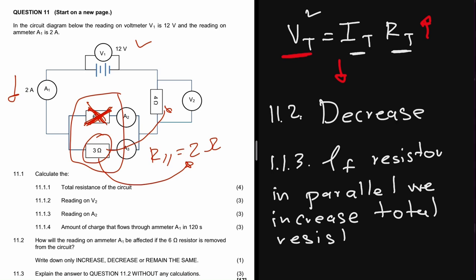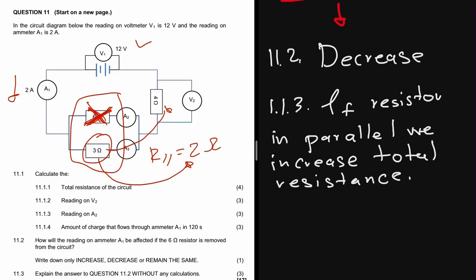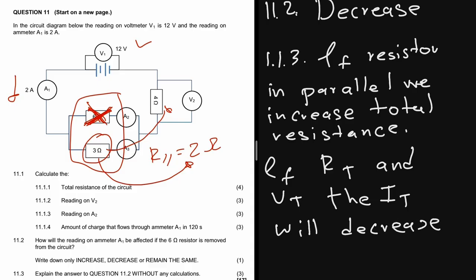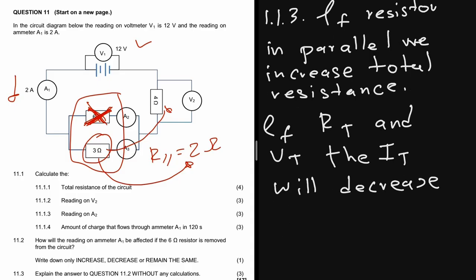So now, if we increase the total resistance and the total voltage is kept constant, the total current will decrease, so that Ohm's law is not violated.